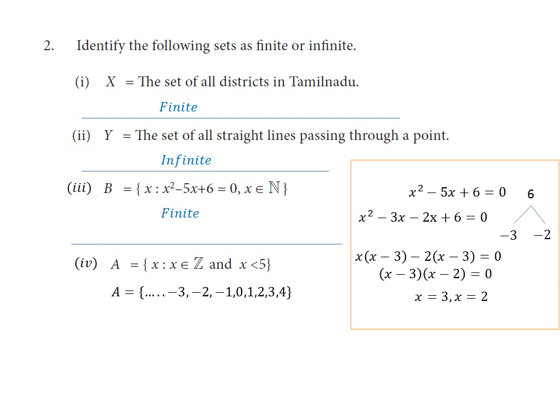So this is uncountable. We don't know how many elements there are. So n of A, the number of elements, is uncountable, so this is an infinite set. If you identify how many elements there are, it will be easy for you to decide whether the set is a finite set or an infinite set.